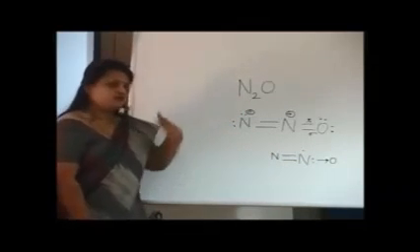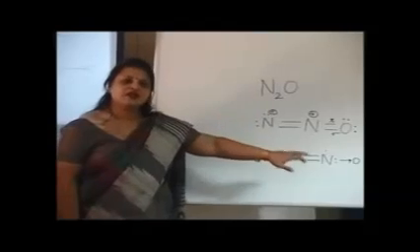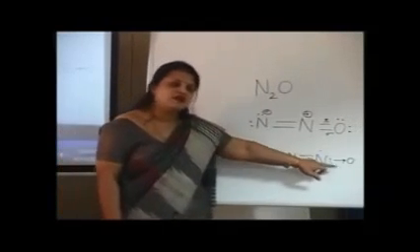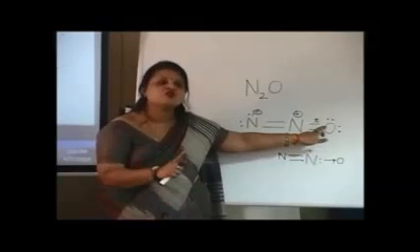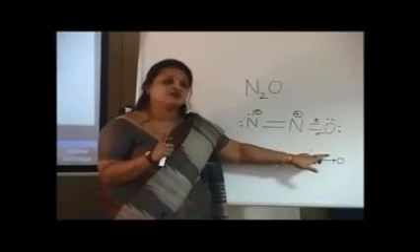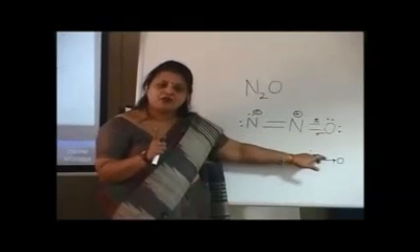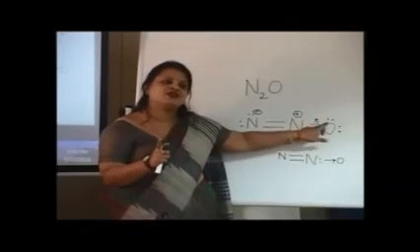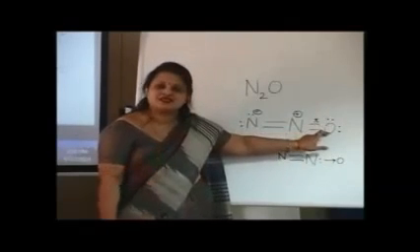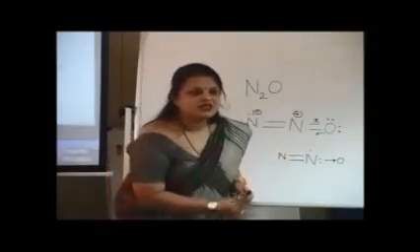But as I have just now said in the previous examples also, instead of a coordinate bond, the priority of oxygen is to form a double bond. If there is no scope of a double bond, then only it will form a coordinate bond. Moreover, some of the books show the formation of the coordinate bond, but actually the structure is not this, it is this. Any other queries, please?